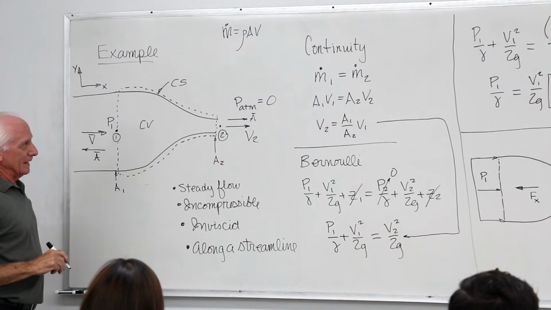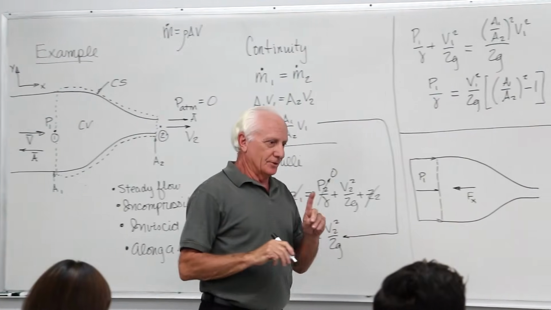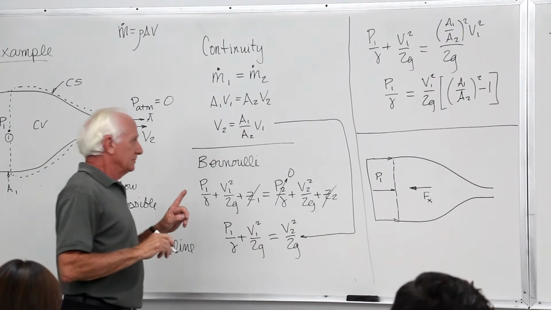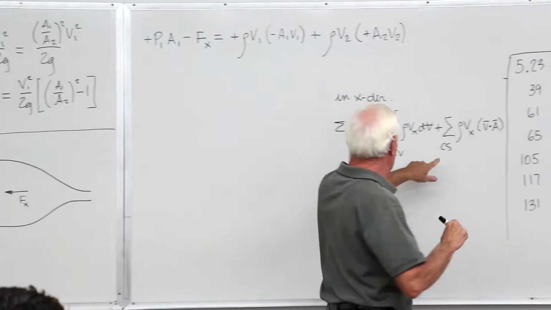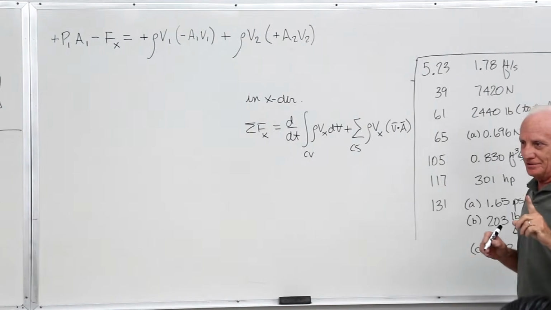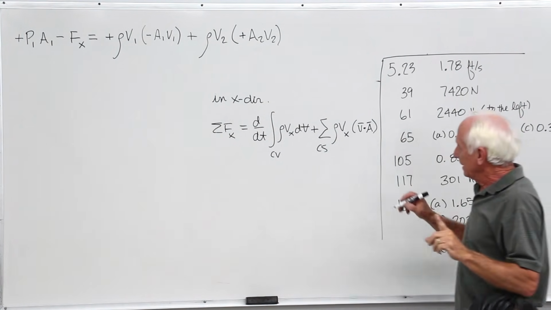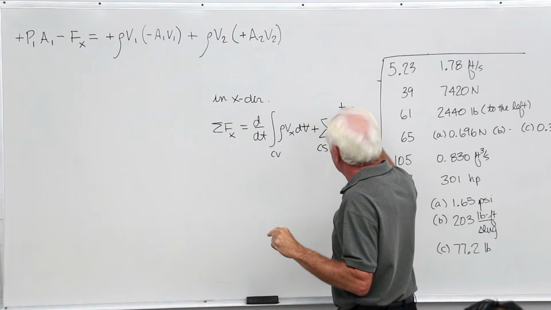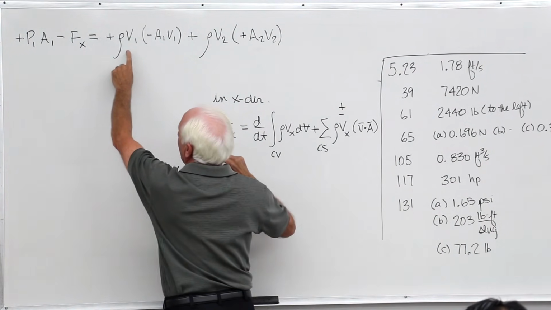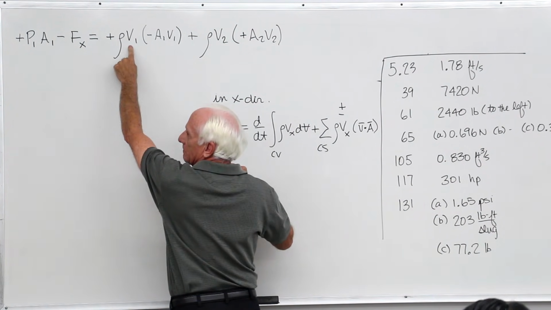Okay, now, just so you know, there are two signs in this summation here. Two signs, and you better do your bookkeeping correctly. The velocity in the x direction can be positive or negative. At location 1, it was positive v1.